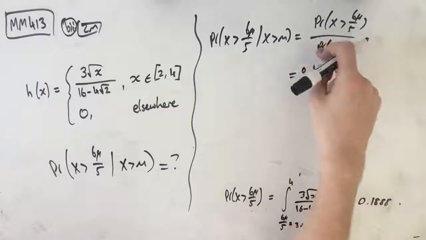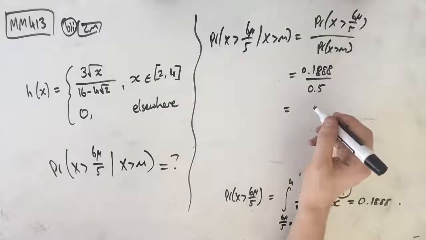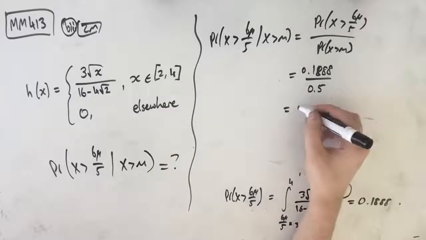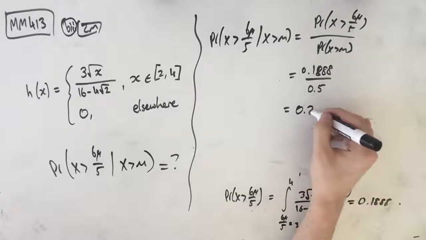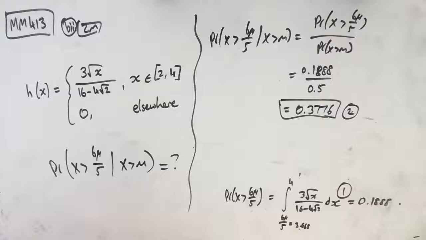So the probability that it's greater than the median is 0.5 because that's the nature of the median. It has 0.5 above, 0.5 below. What that gives us is 0.3776. And that is our second and final mark for part B, I. And that's it. So guys, let's move on to part C.